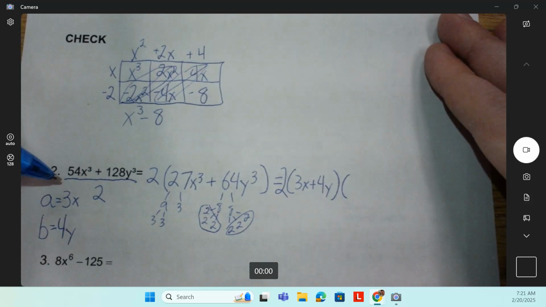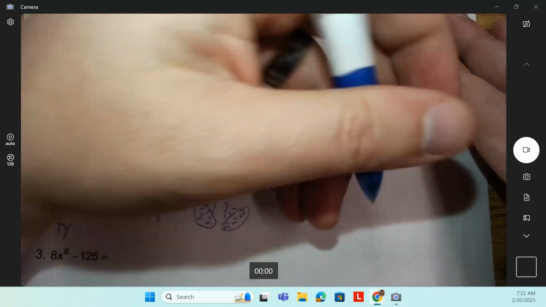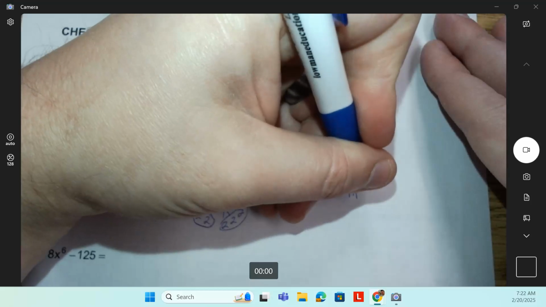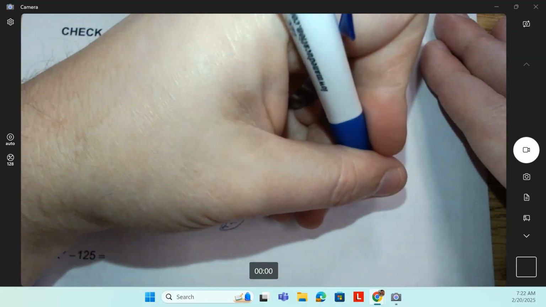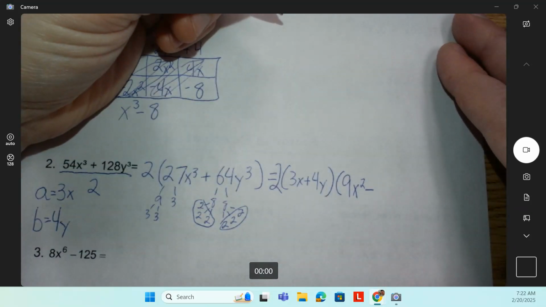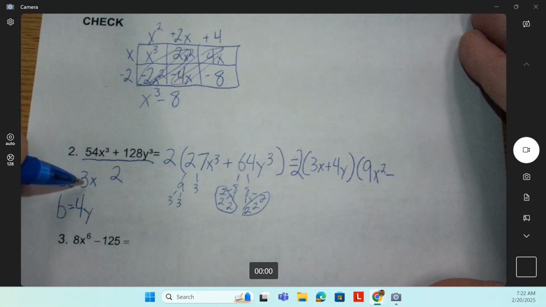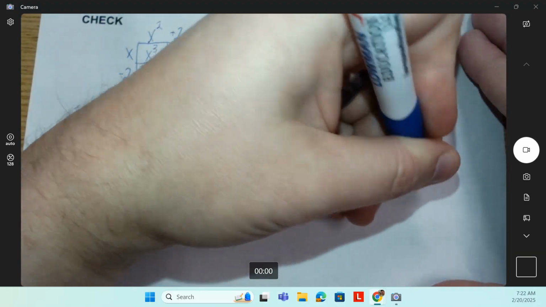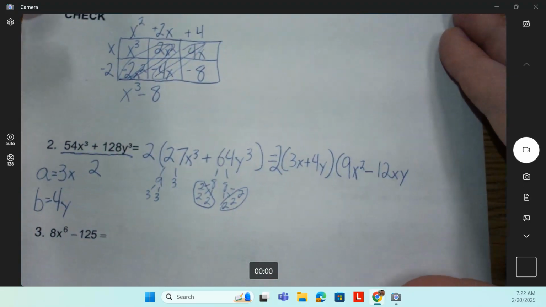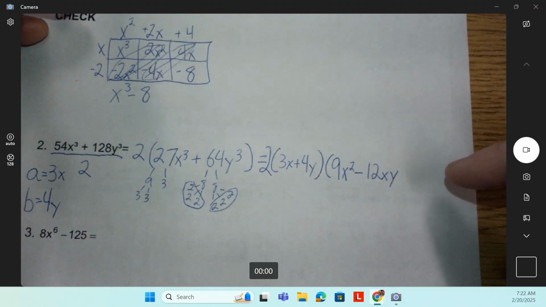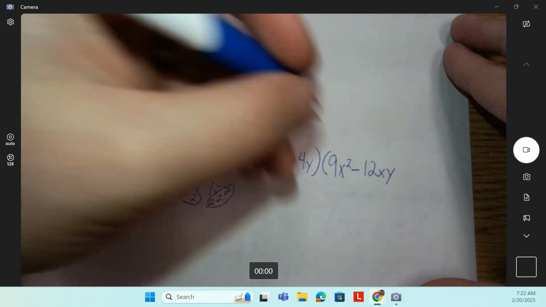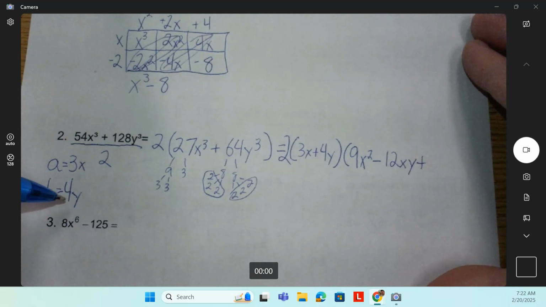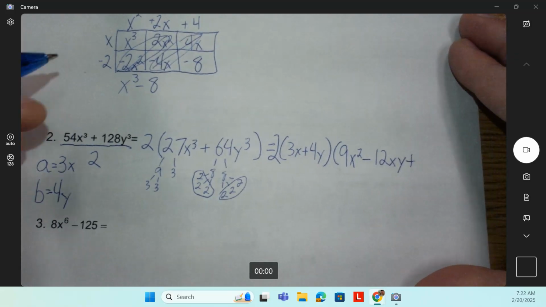When I square this, remember I'll do 3 squared and x squared, so 9x squared. Opposite sign, so minus A times B. So I'll do 3 times 4 is 12, and x times y is just xy. And then the last sign, always positive, and that would be B squared. So 4 squared and y squared.